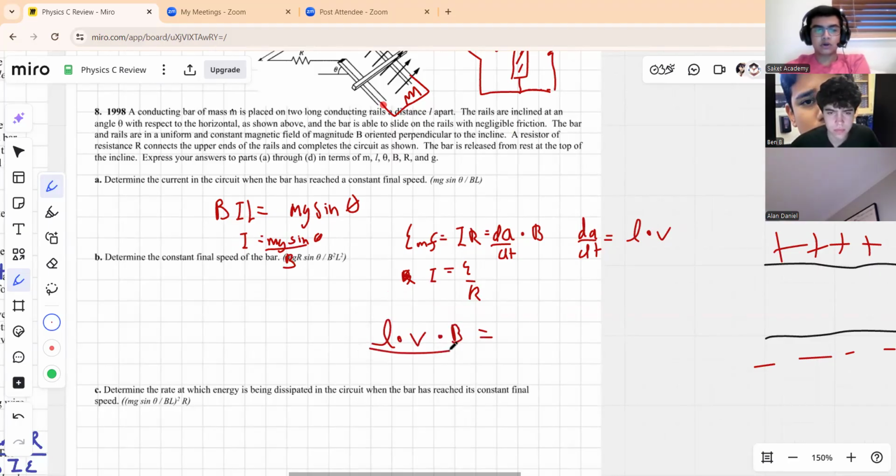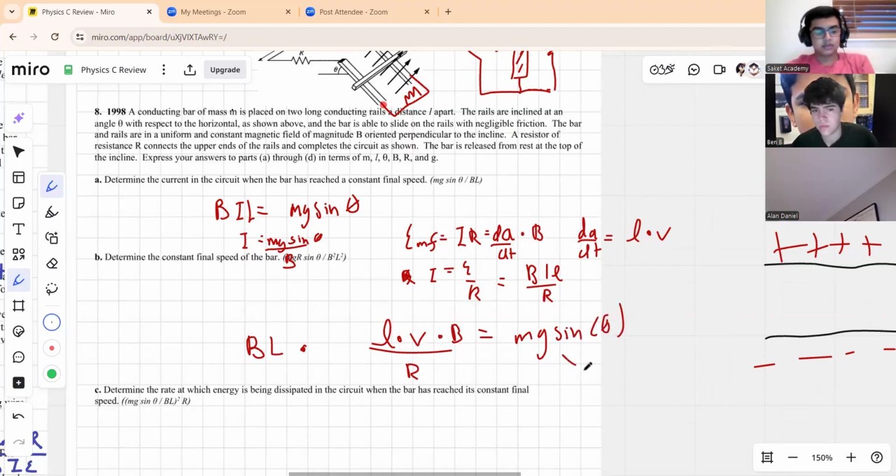And over R, so this is equal to BLV over R, multiplied by B times L because BIL equals that. And that's equal to mg sine theta. So then we just do the math, and that gives you the answer.